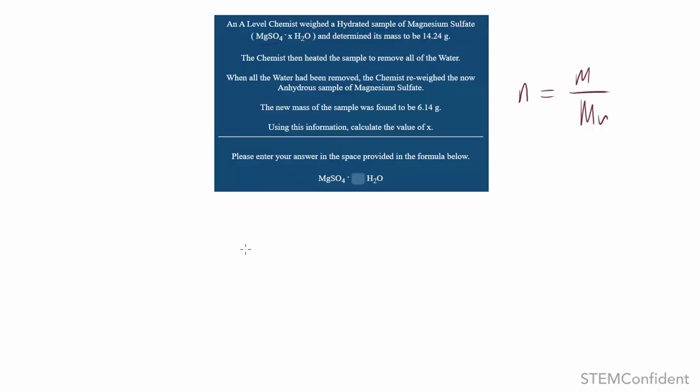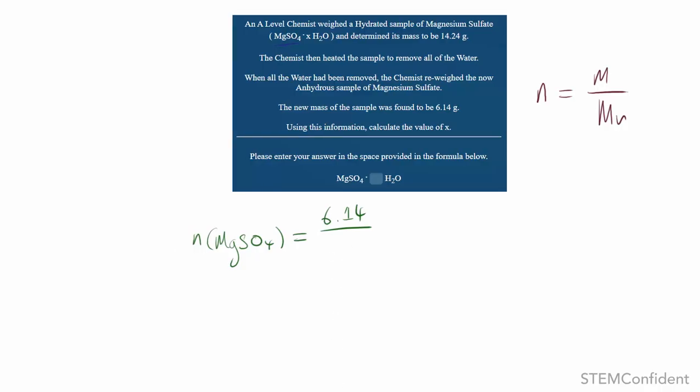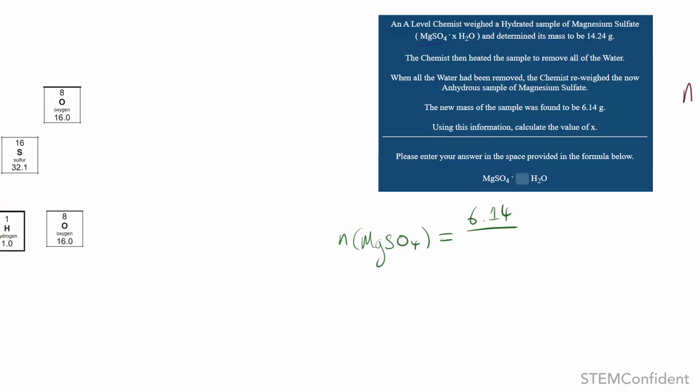So the number of moles for MgSO₄ is going to be 6.14 divided by the molar mass of MgSO₄. So I do need to work on figuring out the molar mass of MgSO₄.